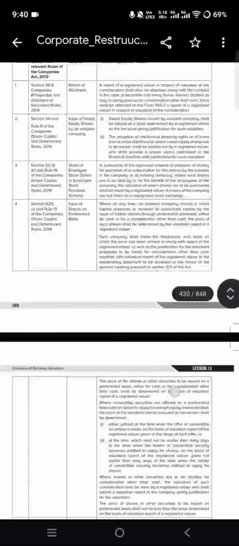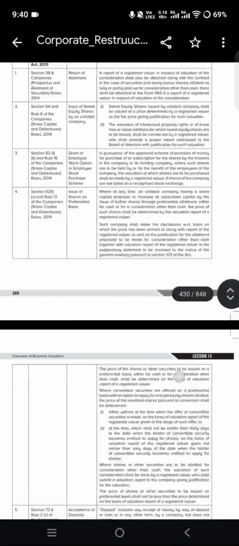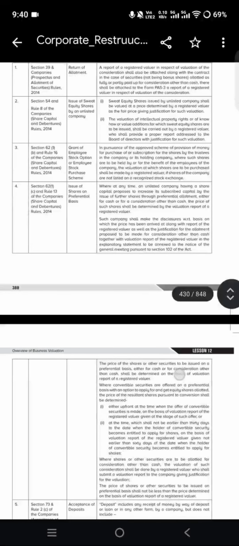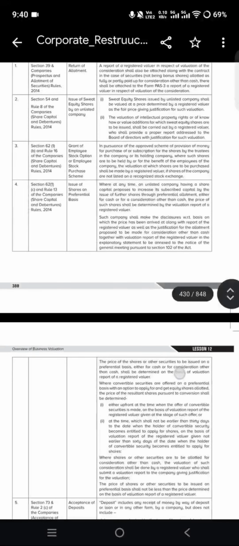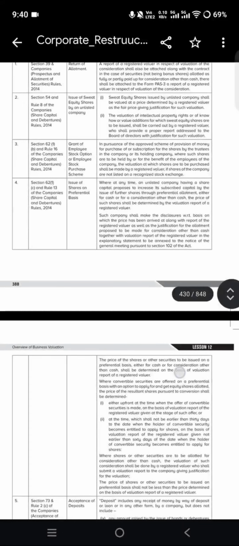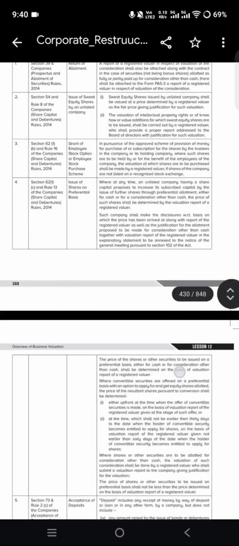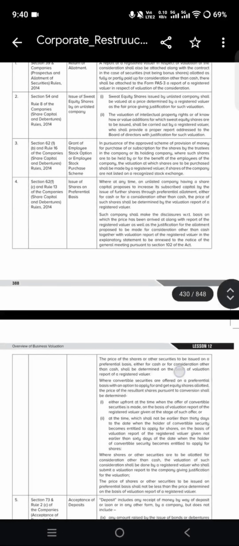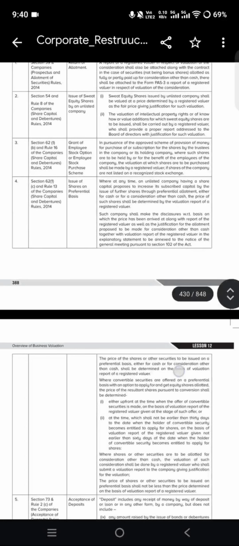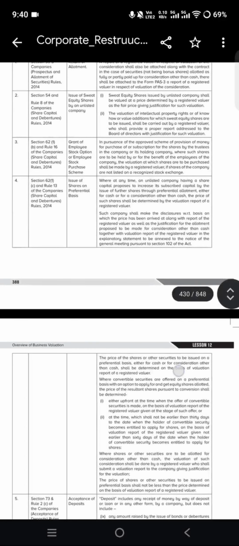So 105. If the equity shares of the issuer have been listed on a recognized stock exchange for a period of less than 90 trading days as on the relevant date, the price of the equity shares to be allotted pursuant to preferential issue shall not be less than the higher of the following. Here also same, but 3 conditions are there. Among these 3, whichever is higher.